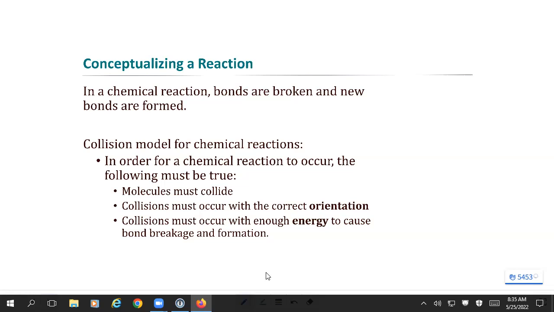So in order for a chemical reaction to occur, in order for those bonds to break, we've got to see these molecules colliding with each other. That's going to get them close enough to break the existing bonds and to reform new bonds all in that same moment of collision.